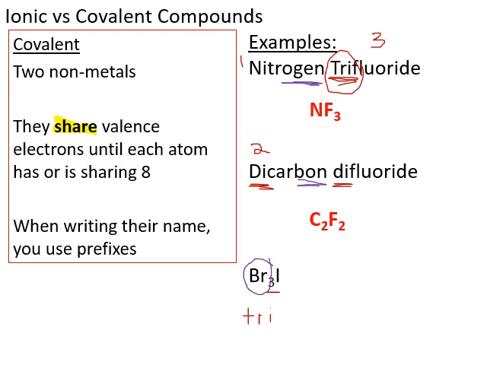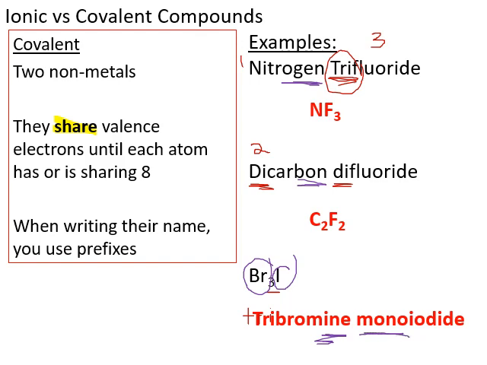The ending stays the same. So it is tribromine monoiodide. And this I gets a mono because your second nonmetal always has a prefix. If it's 1, if it's 10, it always does. Just like CO is carbon monoxide, when there's just one of the second one, it gets the prefix.